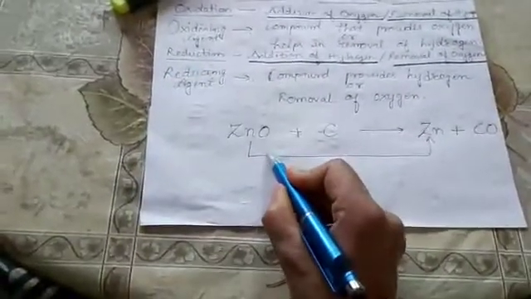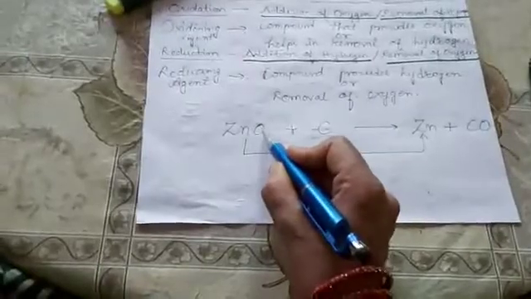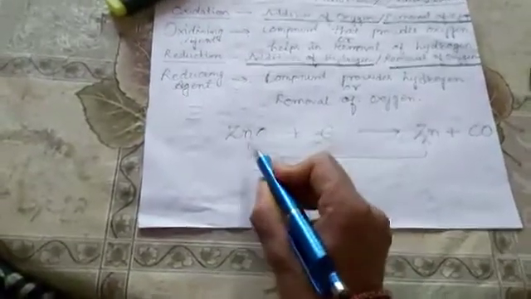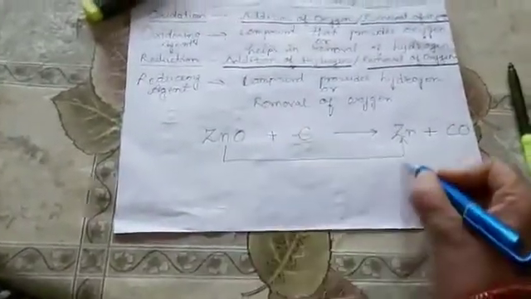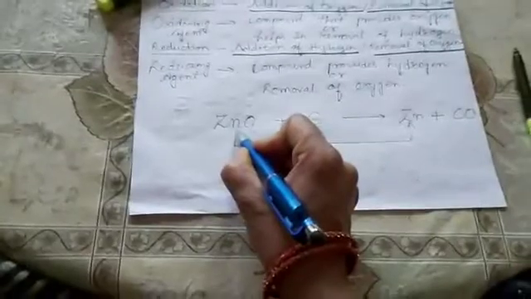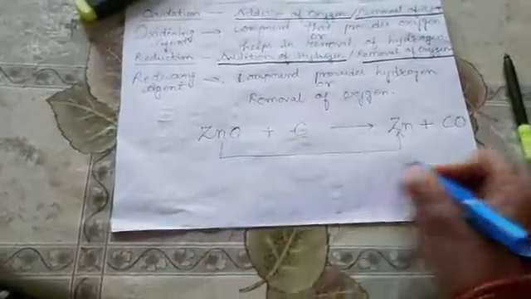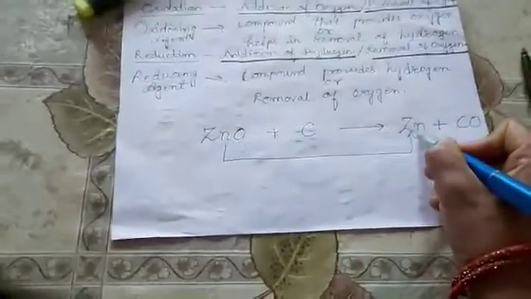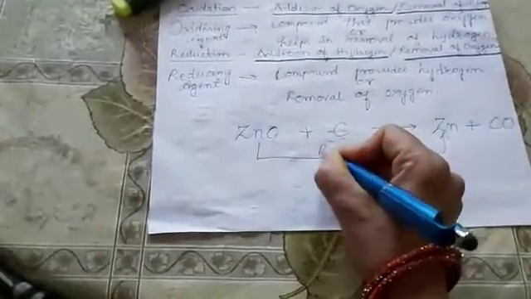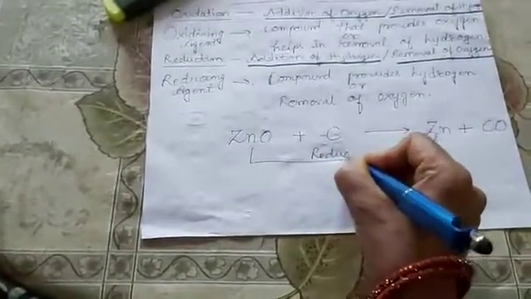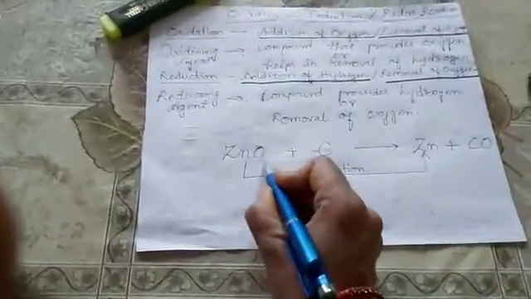So from zinc oxide the oxygen is removed, converting it into zinc. This conversion should be represented by an arrow that starts from zinc oxide and ends at zinc.